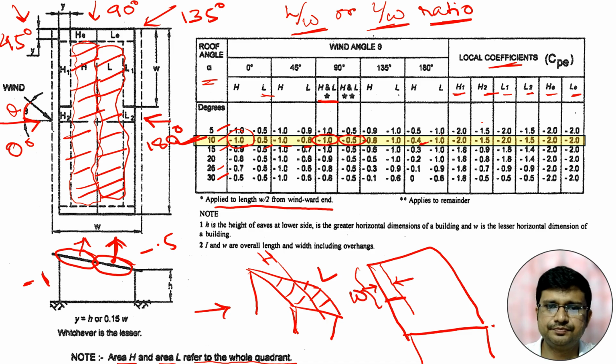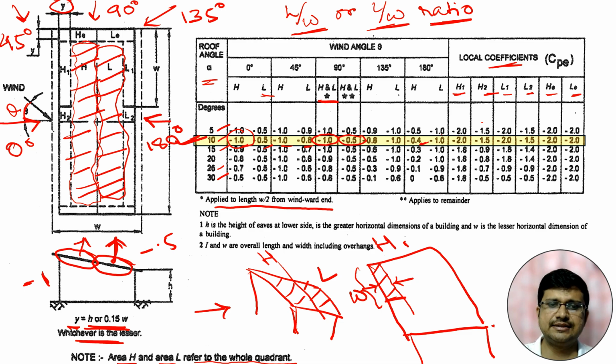Up to W. And how much is H1, how much length we have to provide? That is Y. Y is H or 0.15 W, whichever is lesser. Like our previous day problem, Y will be H or 0.15 W, which one is lesser? Based on that we have to consider the Y.